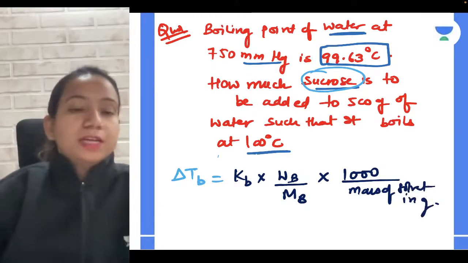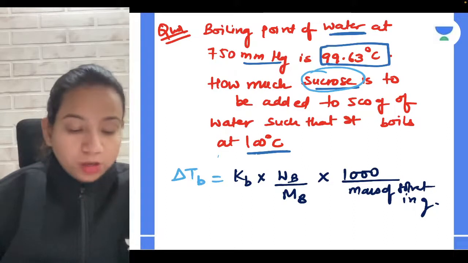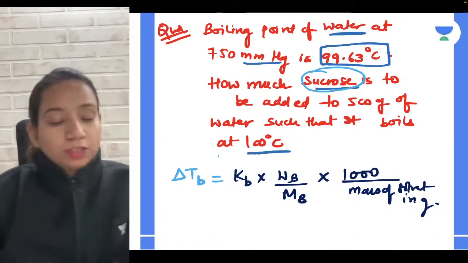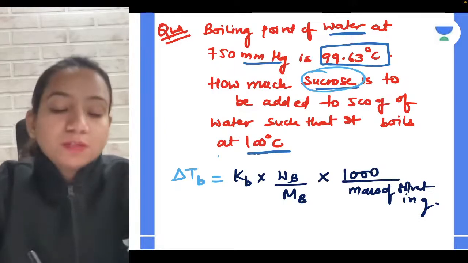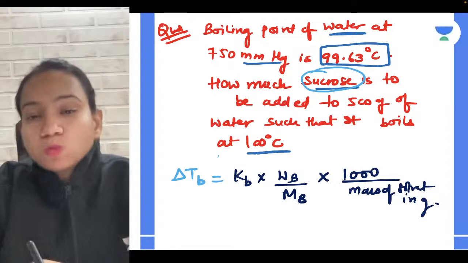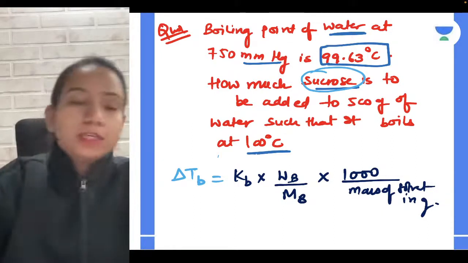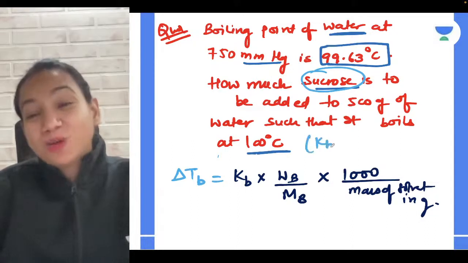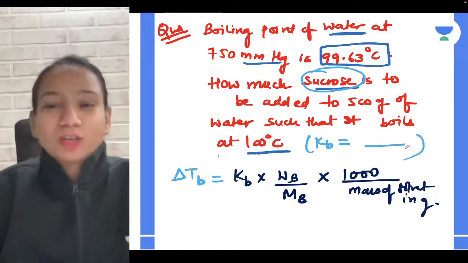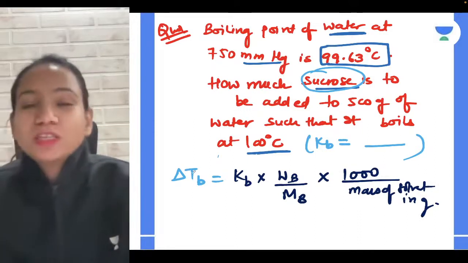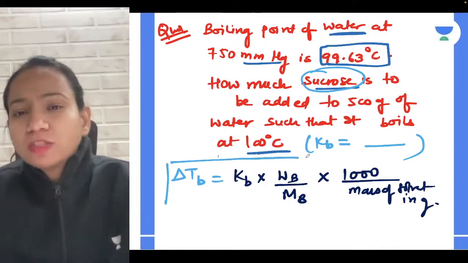So can we calculate it, guys? First of all, you must be thinking that KB is not given to us, right? And if KB is not given, you won't be able to calculate the correct answer. I'll be giving you KB, but I wanted you to recognize that KB is not given, because you always have to check what terms you require in the formula, and then check what is given.